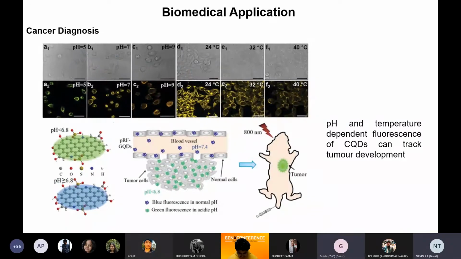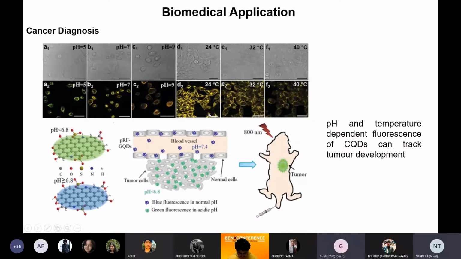A very interesting study using carbon dots utilized their property of pH and temperature dependent fluorescence. What they have done is that when the cancerous cells grow, they reduce the pH of the vicinity because of the generation of lactic acid.